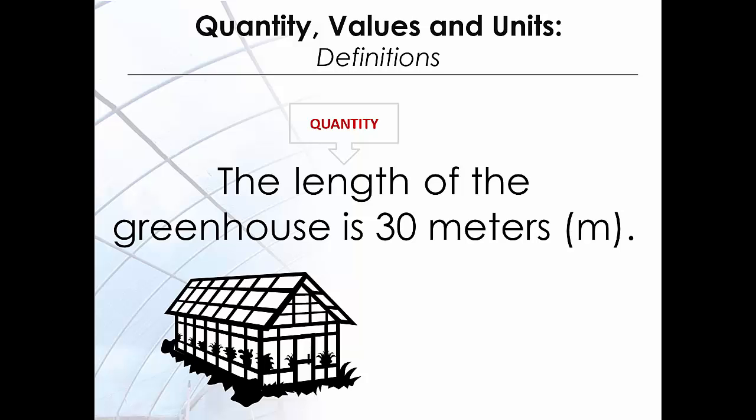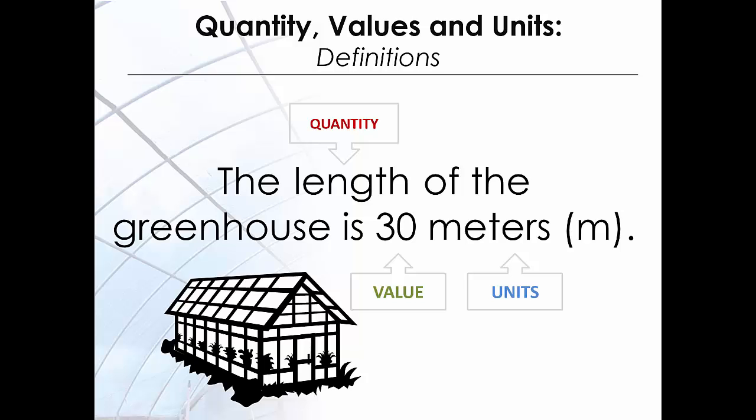Any measured or counted quantity has a value and a unit. The value is the actual numerical quantity, and the unit is a description of what the quantity is of. In this example, 30 is the value of the quantity and meters is the unit being measured. We will discuss unit systems and unit conversions later in the presentation.